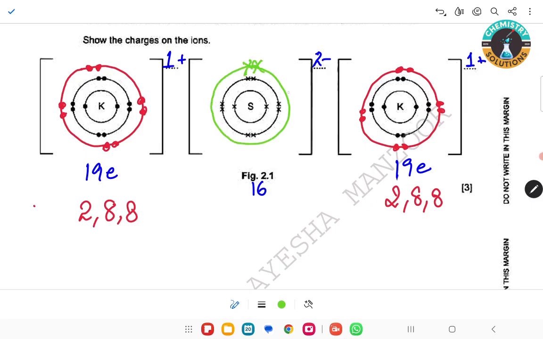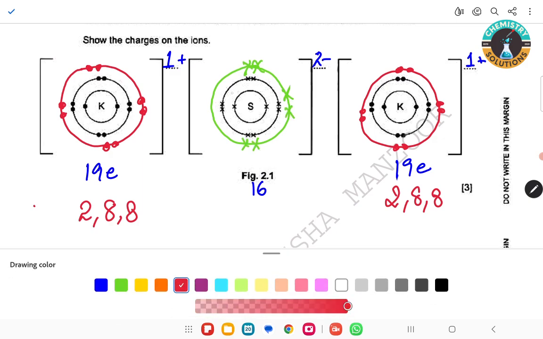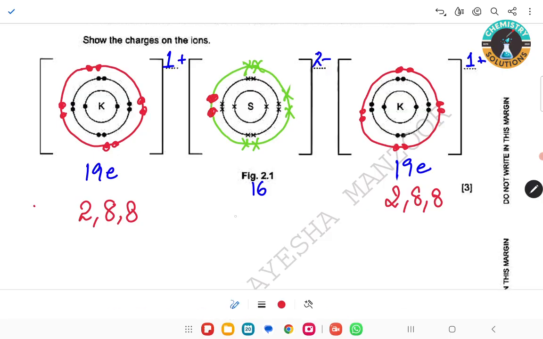If we show it with crosses, do not forget to draw the 2 electrons taken up by the potassium atoms. So the electronic configuration for sulfur, by gaining the 2 electrons, is 2, 8, 8. The charge will be 2 minus because it has gained 2 electrons.